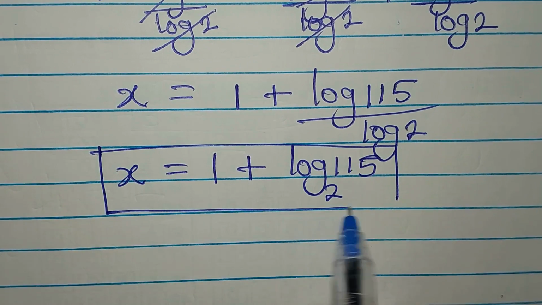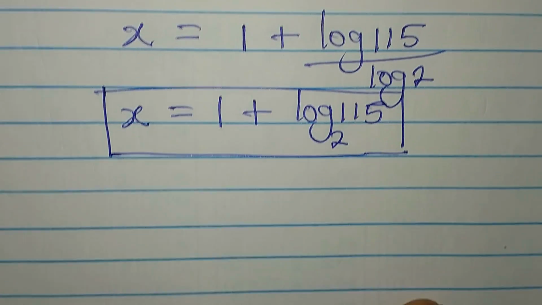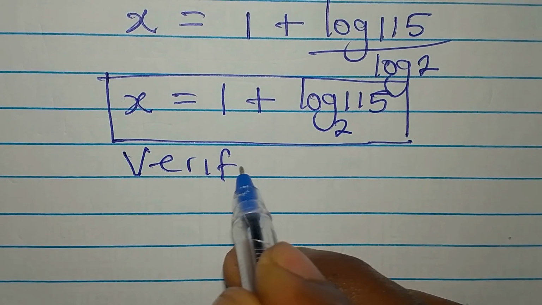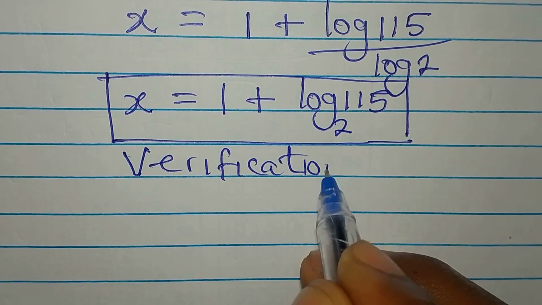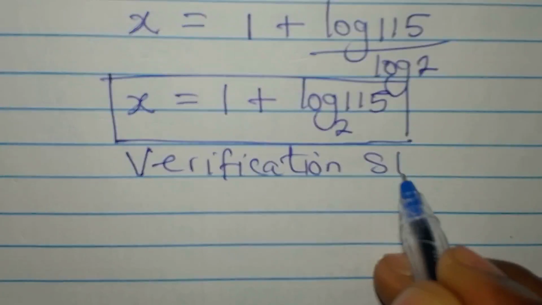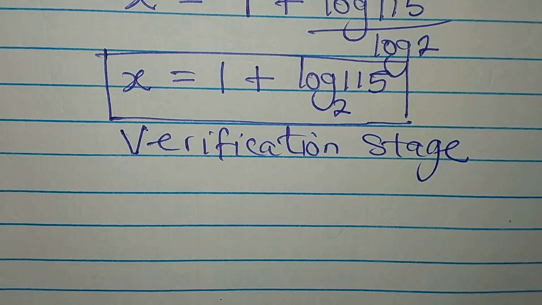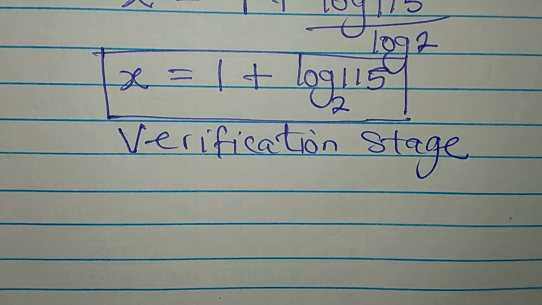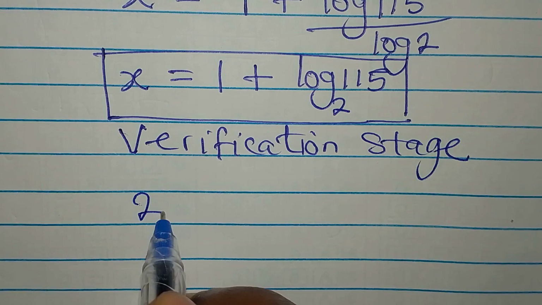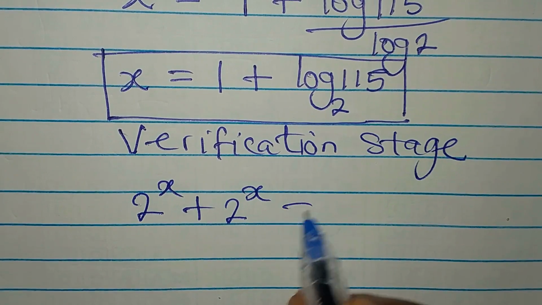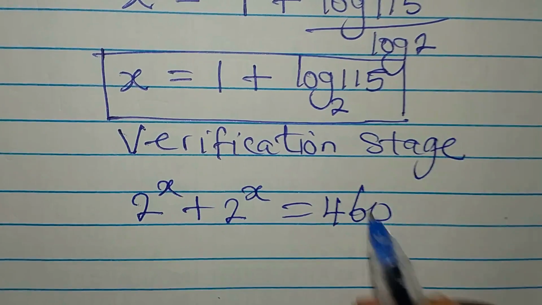And if you can recall, we always verify our result. So let's go to the verification stage so that we can be sure that our answer is correct. The equation is 2 to the power of x plus 2 to the power of x equals 460.